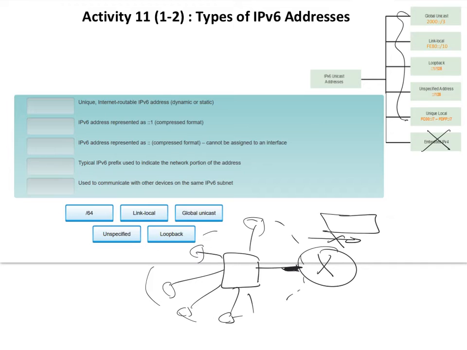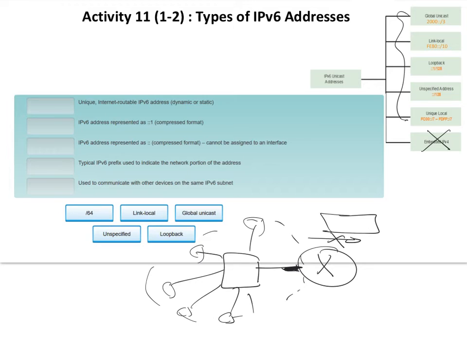The unspecified address is all zeros, and it can be used only as a source address. It cannot be used as a destination, because unspecified means that it's coming from anonymous nodes. That may happen in two cases.